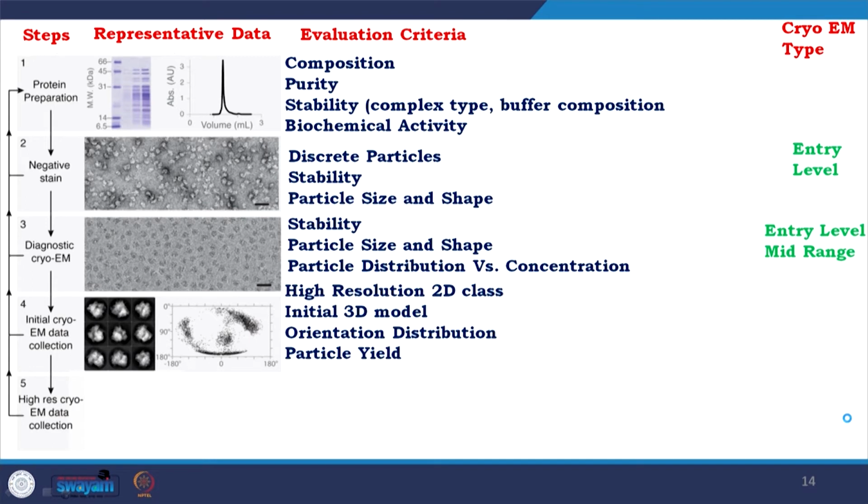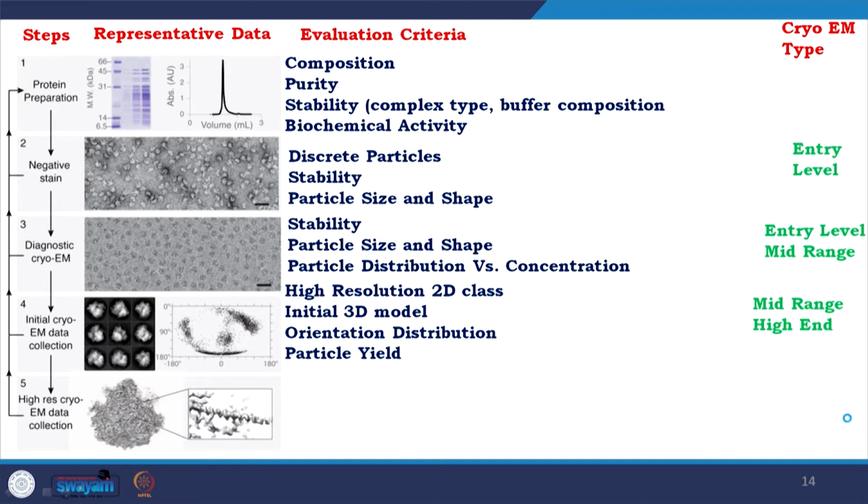You need high resolution 2D classes, and an initial 3D model has to be developed from that. You have to get the orientation distribution and you have to measure the particle yield. To do that, you need a mid range to high end microscope.